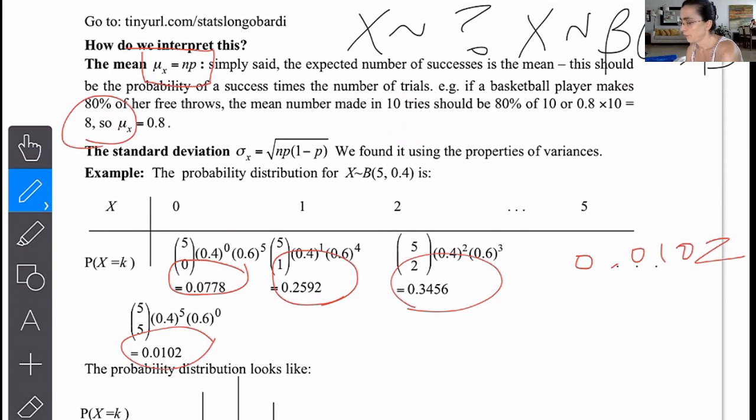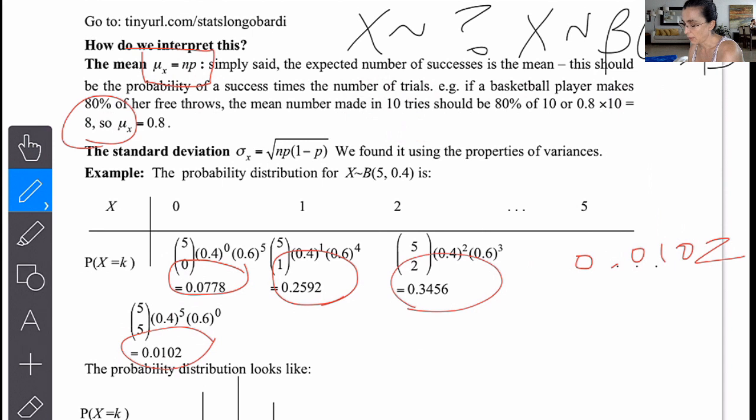So what does that mean? 8 is the expected value. It means that if that basketball player does it today, if we were to bet on how many free throws would be successful, how many of the shots we get in, then we should bet 8.